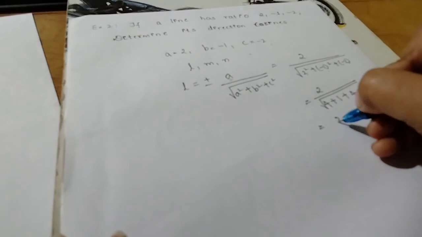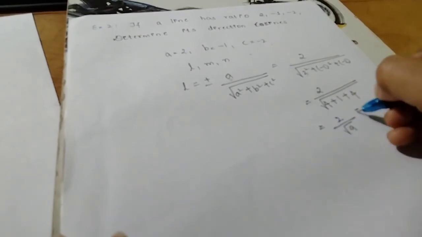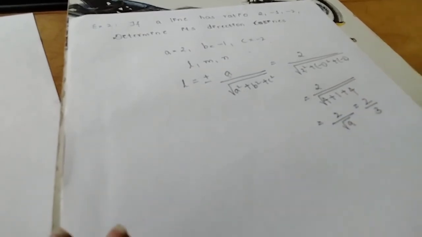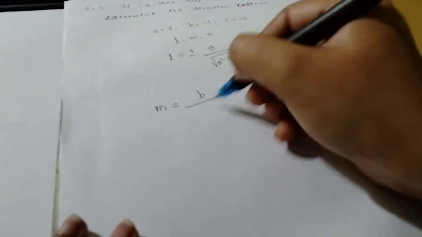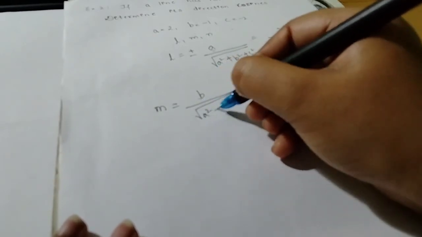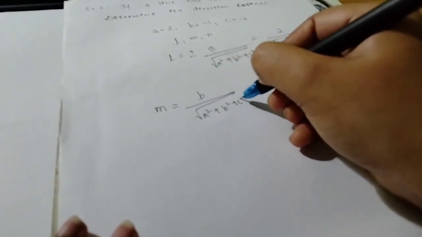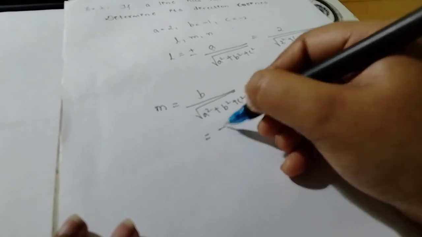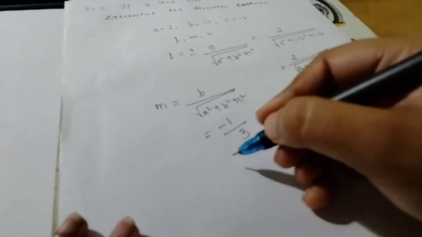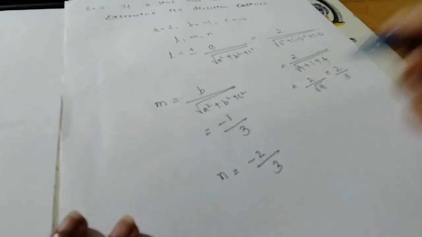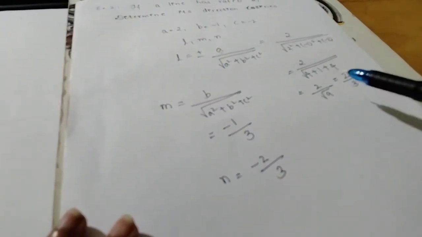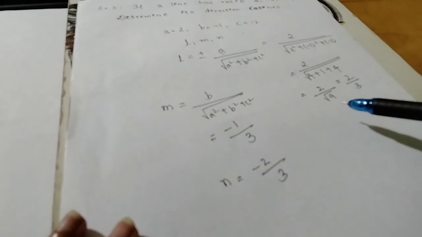So this is 2 divided by root 9, which is 2 by 3, since root 9 is 3. For the M value, B divided by root of A square plus B square plus C square, so it is -1 by 3. For the N value, it is -2 by 3, because A square plus B square plus C square remains the same, that is 3.